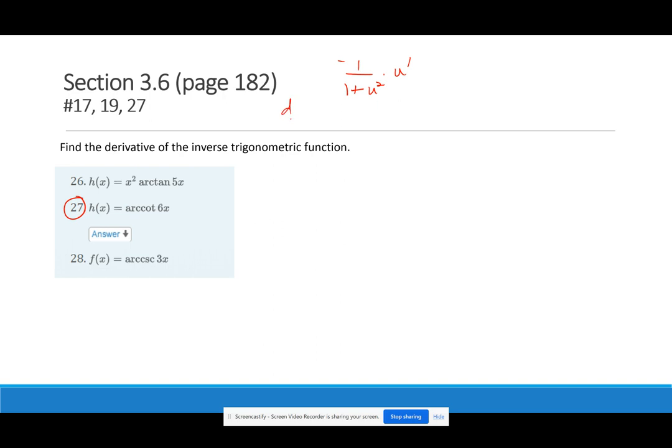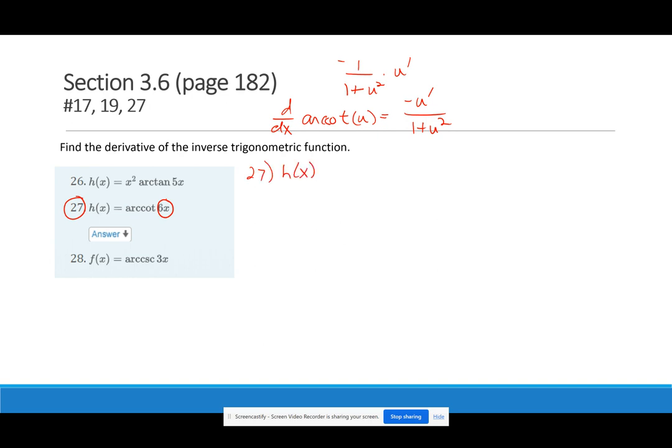So d dx of arc cotangent of u would equal, and they normally put the u prime right there on top, over 1 plus u squared, no radical or anything. Okay, so that's what we're doing here.